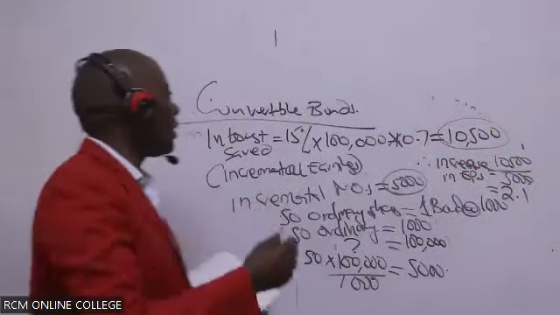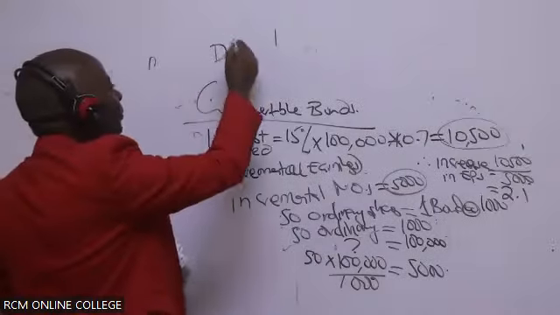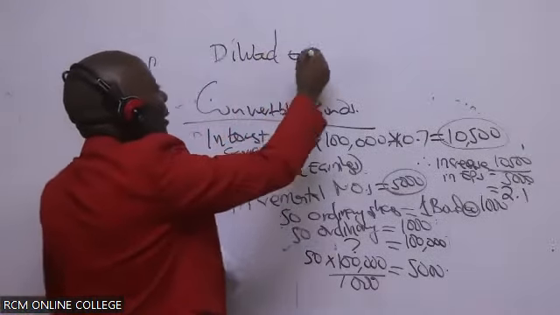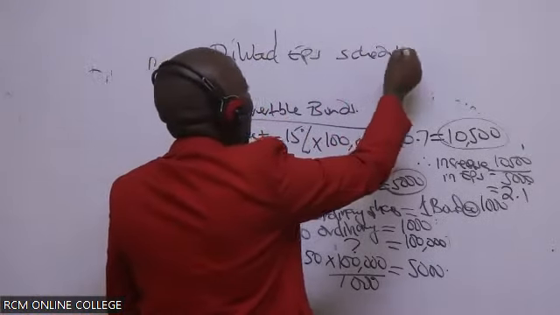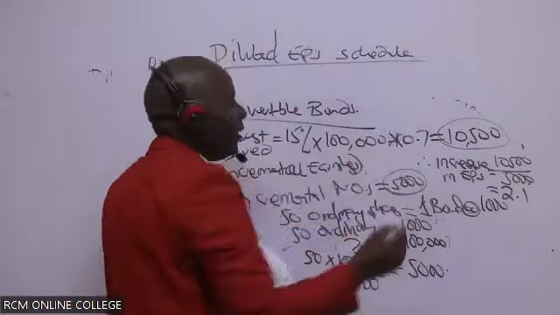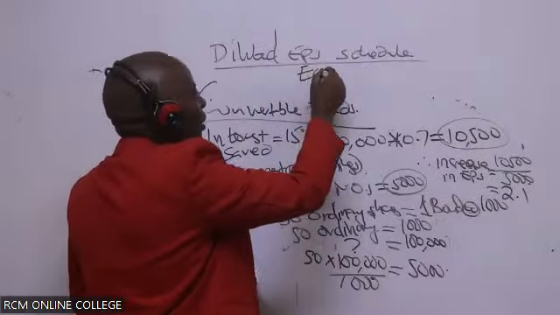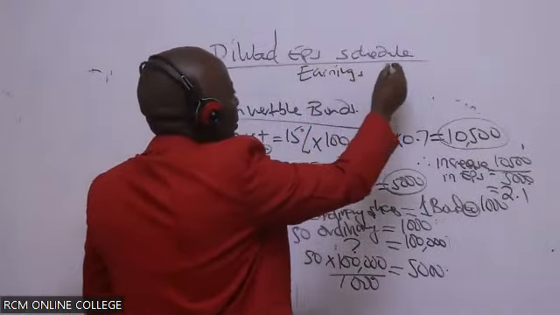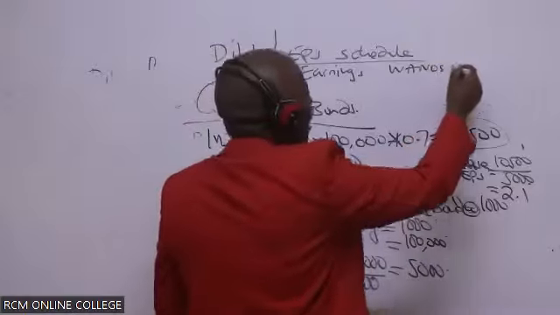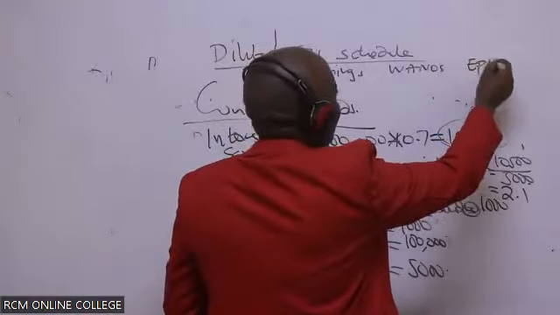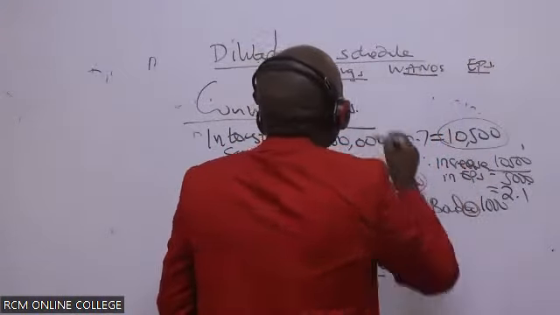From there, ladies and gentlemen, give me the diluted EPS schedule, where you shall come and give me the earnings here. We have one-offs here, and in this case EPS.